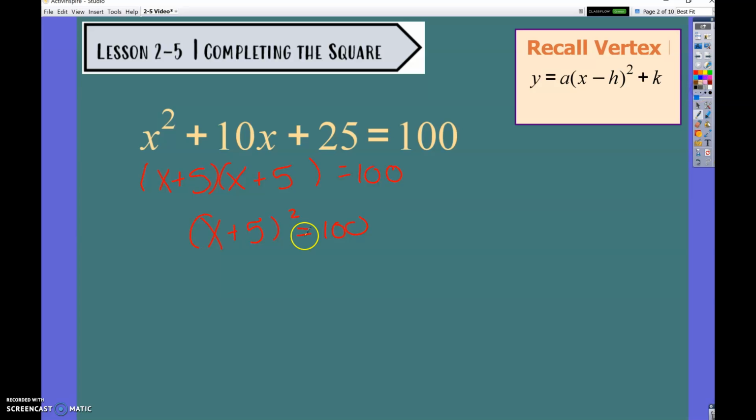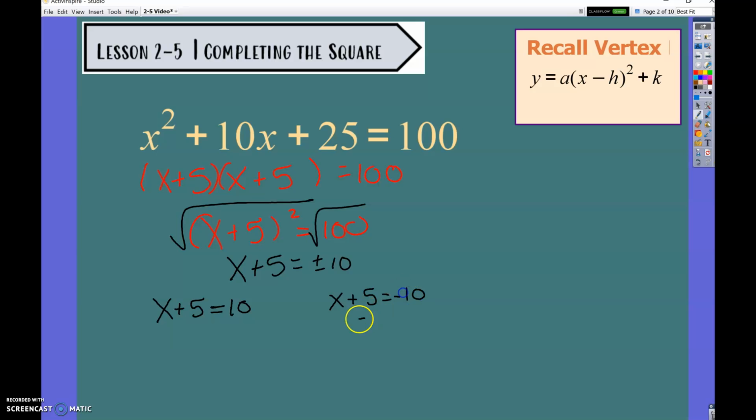Get our solving by square root on again there, and go x plus 5 equals plus or minus 10. Now this is where we branch off, and our one solution equals the positive 10, and our other solution equals the negative 10. If I subtract 5 from this one, I get negative 15. If I subtract 5 from this one, I get positive 5. Those are our x-intercepts, or our zeros of the function.